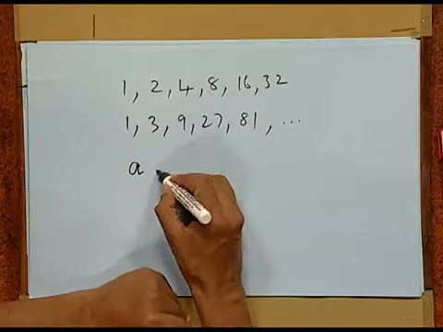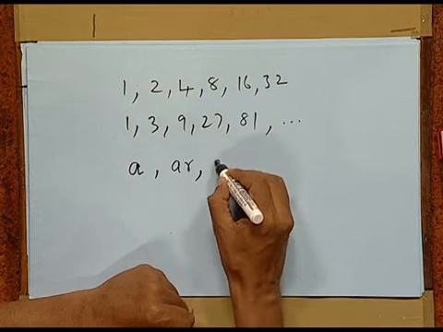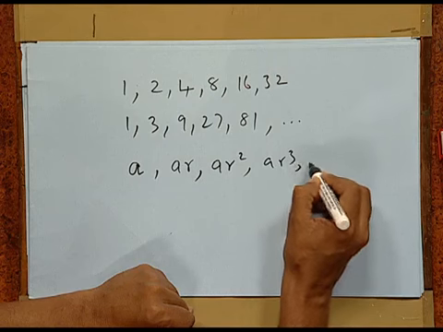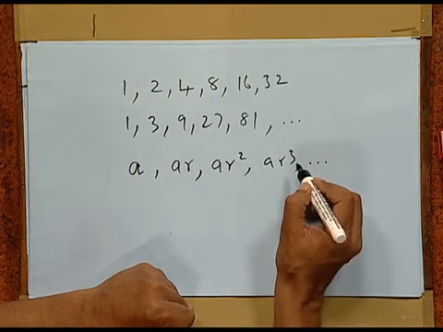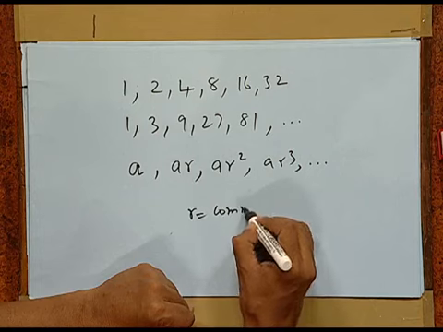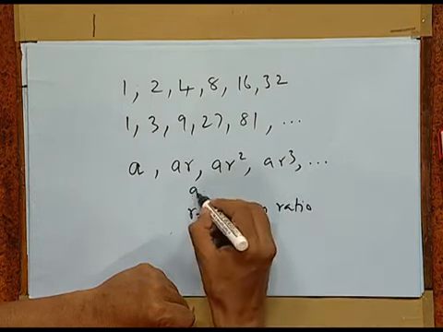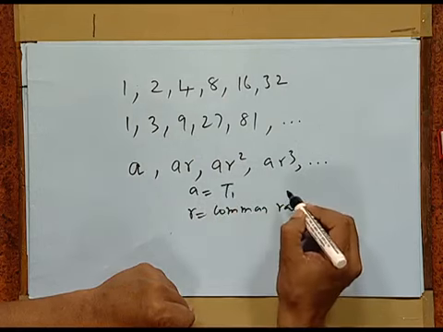In general, we will have terms like first term A, AR, AR square, AR cube, and so on. Here, every term is progressing with a ratio of R. This R is called common ratio, and A is your first term.